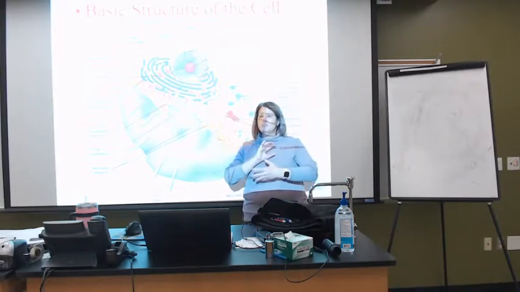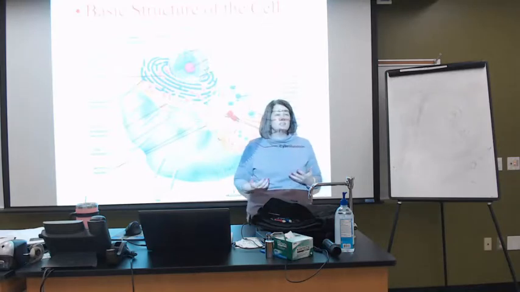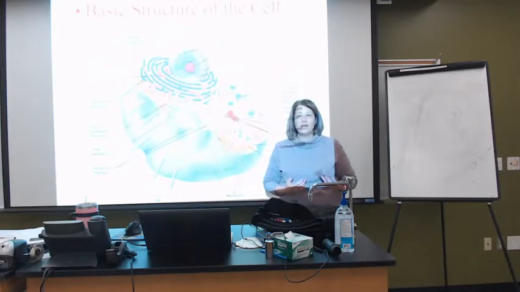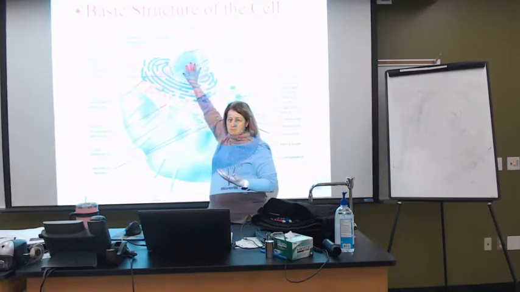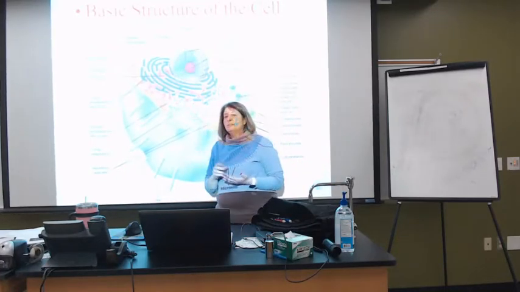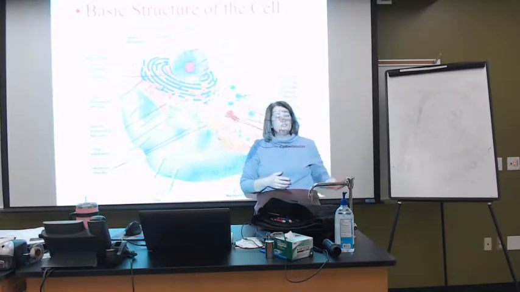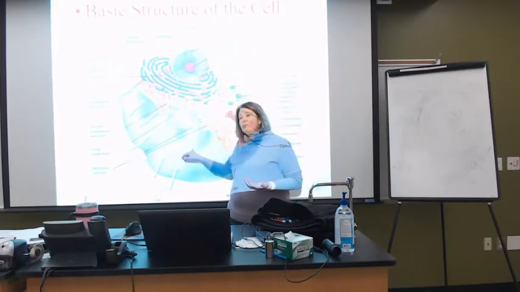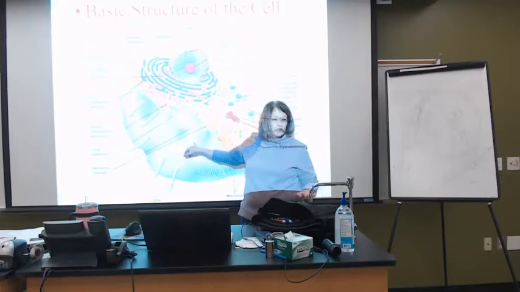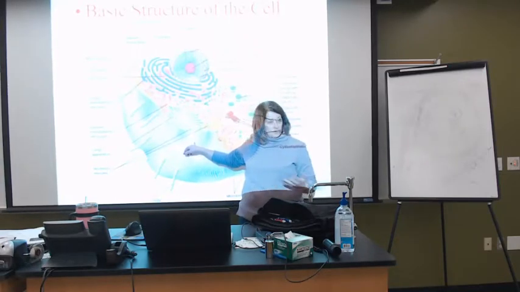If we look at this picture, I'm kind of torn between what would be the most important part of the cell. I know how important the nucleus is. But due to knowledge that I have for the body, anatomy and physiology, I tend to lean towards the plasma membrane as being the most important part of the cell.